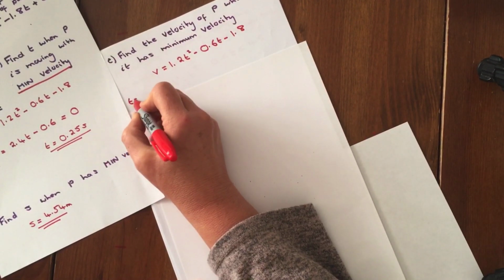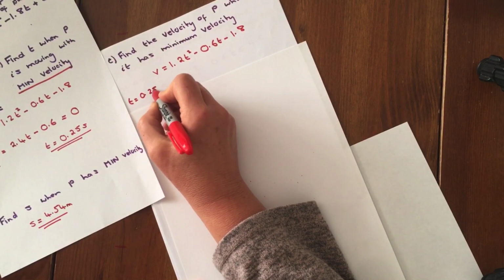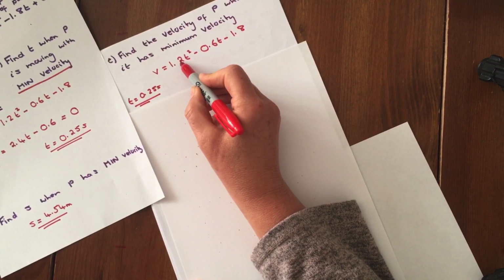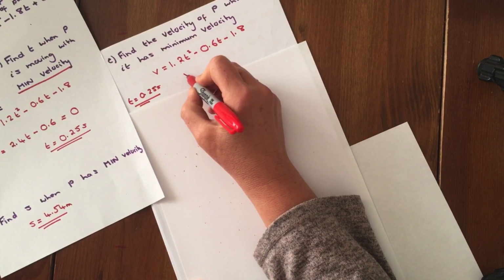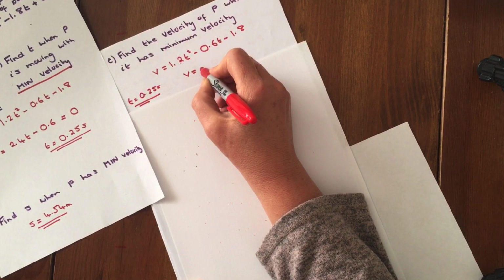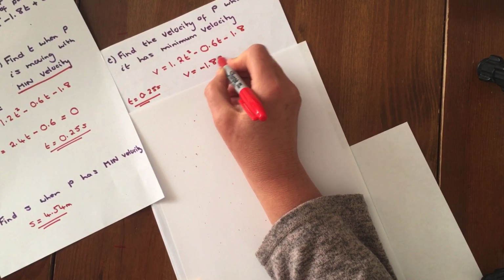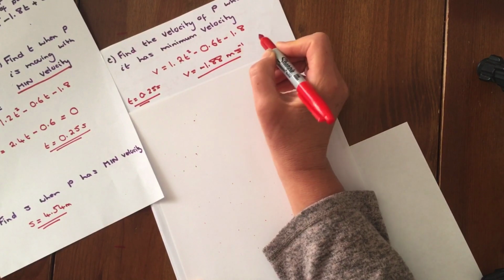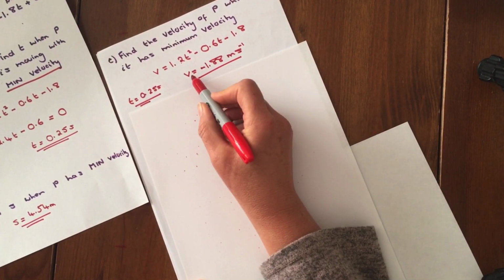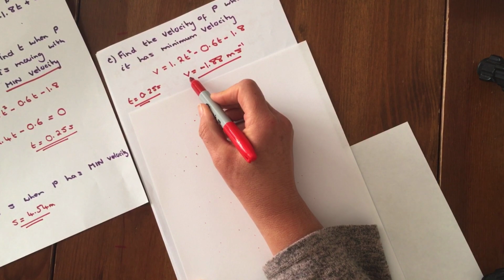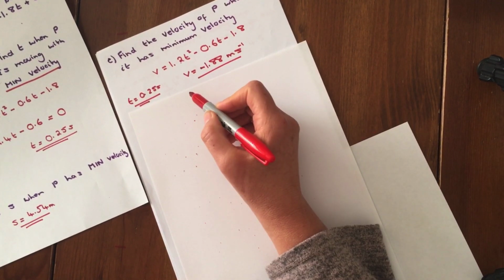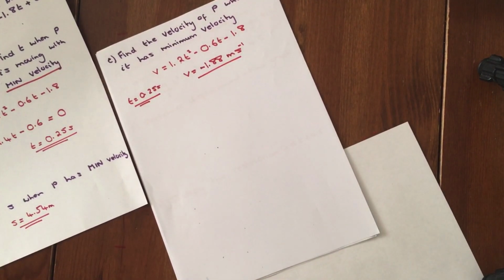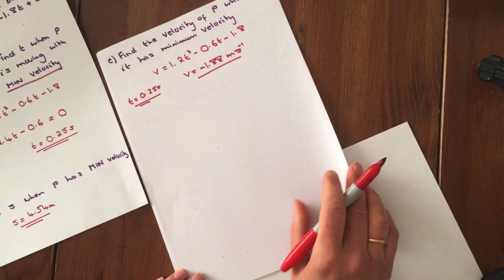I know my value of t is 0.25 seconds at minimum velocity. So all I have to do is sub in t, and I will get negative 1.88 meters per second. So that's the velocity of P when it has minimum velocity. Okay, so that's the end of that question.